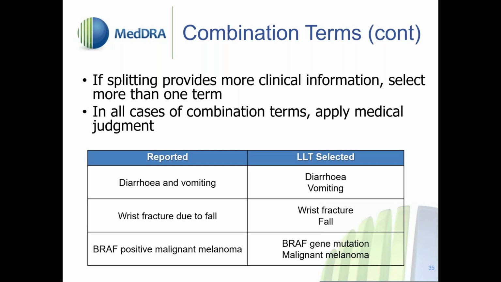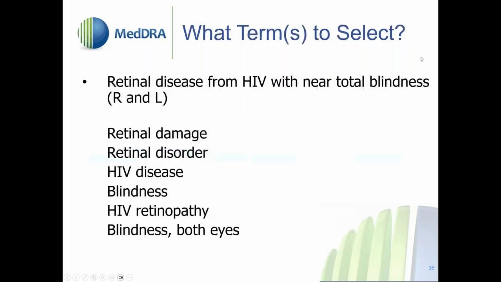And as a reminder, check the MedDRA hierarchy above the selected term just to be sure that it's appropriate for your reported information. So here's an example. Retinal disease from HIV with near total blindness, right and left. Now, HIV retinopathy is common in HIV. So retinopathy is one of the most common ocular complications of HIV.